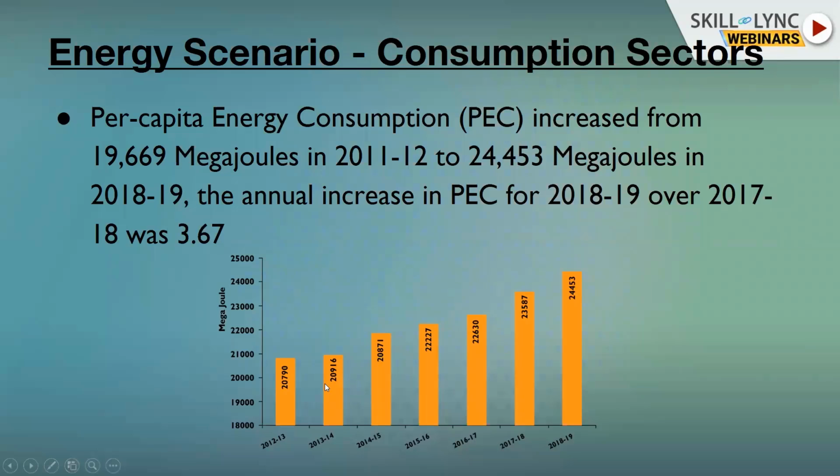In no year can you see it decreasing. Why? Because of the modernization of our lifestyle, the modernization of transportation, the industrial revolution, and much more. That's why this is increasing day by day.